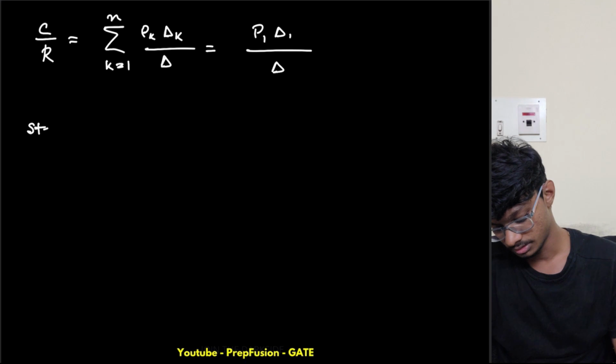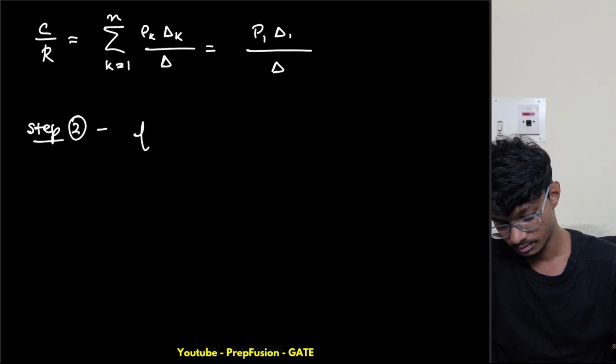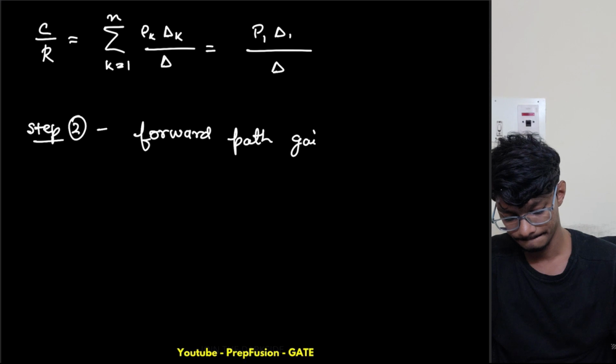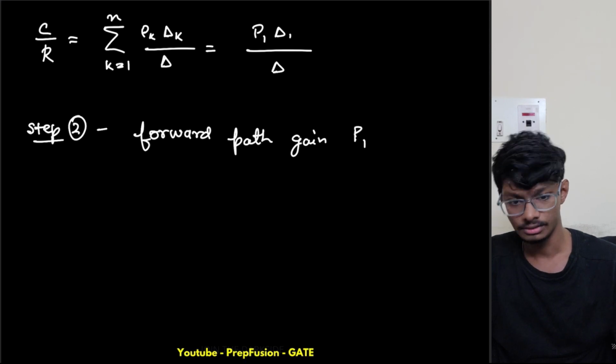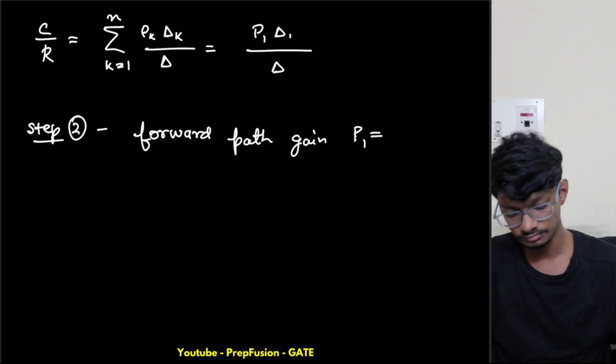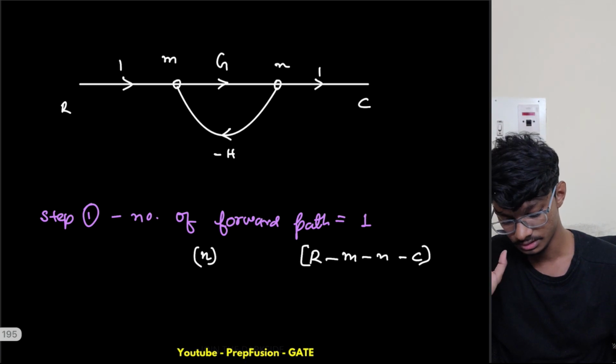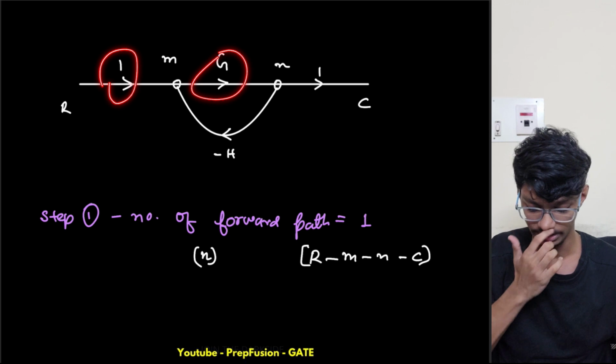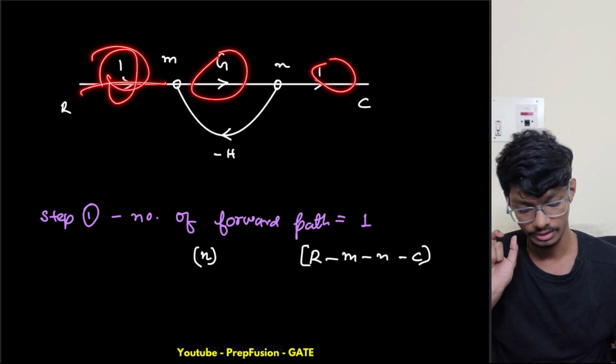Step 2 is finding the forward path gain P1. So what is it? Here I am going from here to here, right? So what are the gain blocks that I see? I see 1, done.